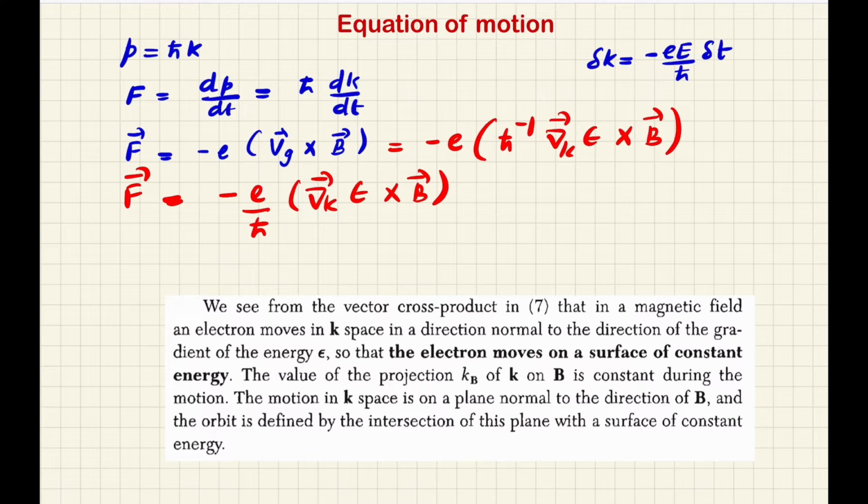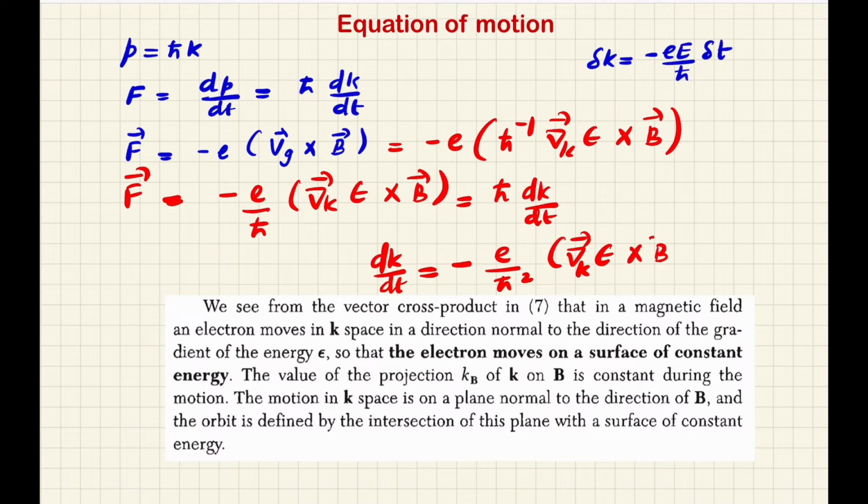For the group velocity Vg, we can substitute the expression h cross inverse gradient of epsilon, cross B. Now this is equal to h cross dk by dt. Finally, you can write dk by dt equal to minus e by h cross squared, gradient of epsilon k cross B.